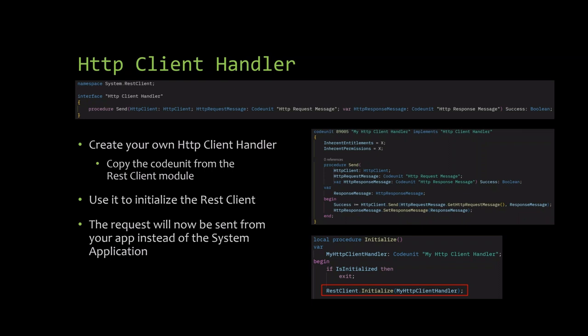And the telemetry will go to your own app insights. And the only thing you need to do is to create this code unit, and then when you initialize the REST client, you pass in that my HTTP client handler. That's all you need to do to make use of this. So make a copy and pass it in when you initialize the REST client.